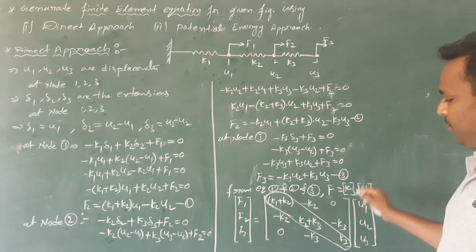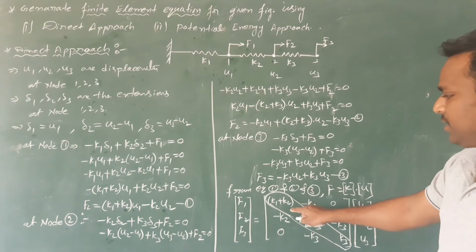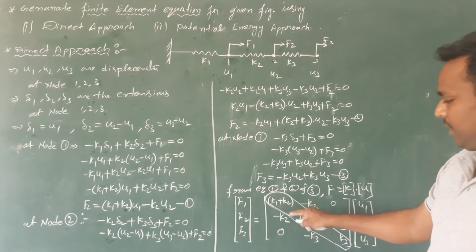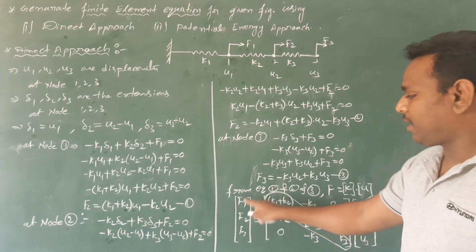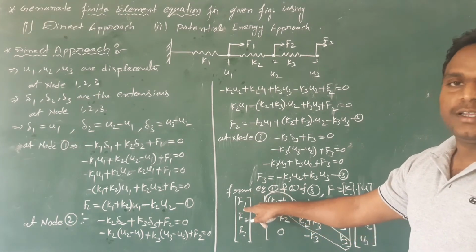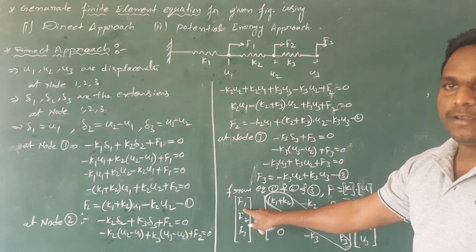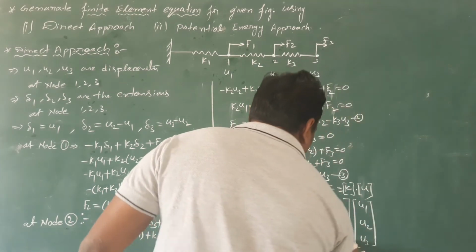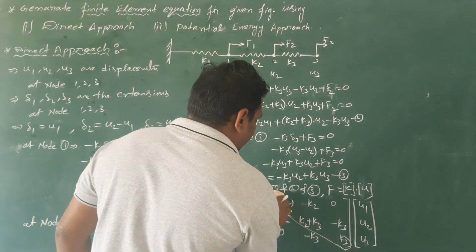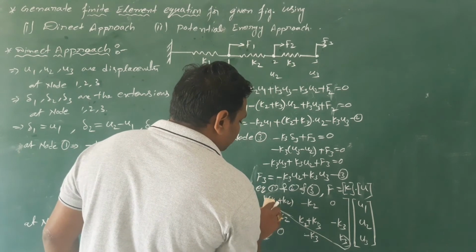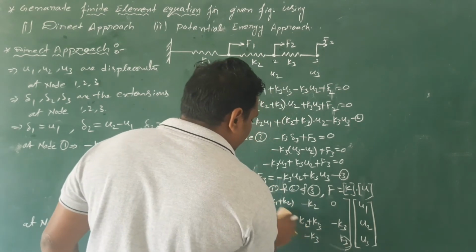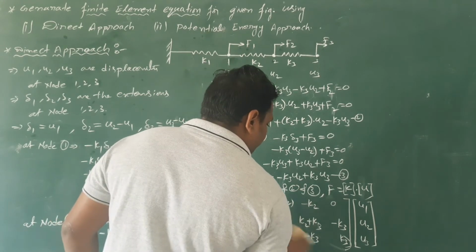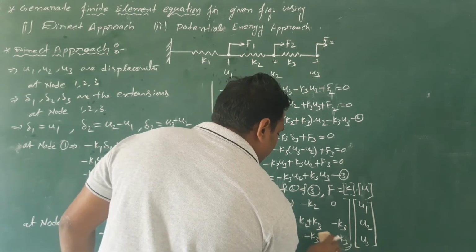If you know the deflections and stiffnesses, we can calculate how much force is applied on a particular component. This process is called the direct approach process.